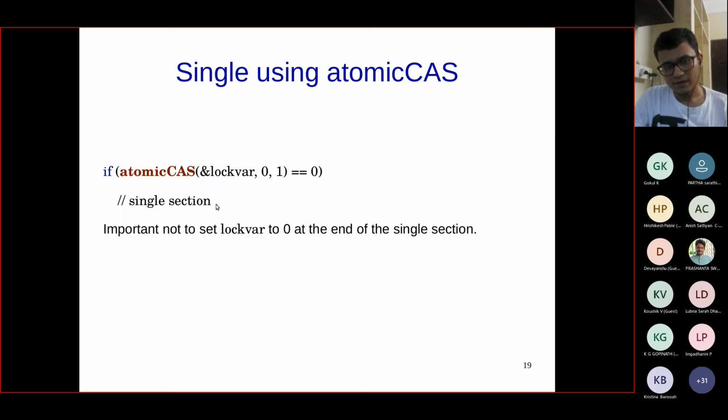So they won't enter the single section, and they'll just move on. They won't wait here for the thread which is executing the single section, and that is exactly what we want, right? Only one thread will enter the single section and finish it, and all other threads which didn't succeed here moved on.